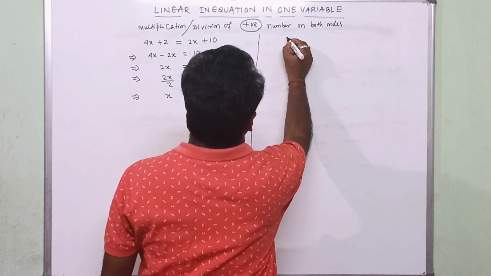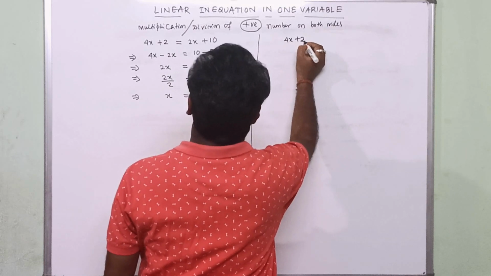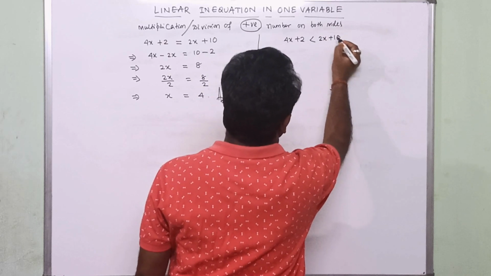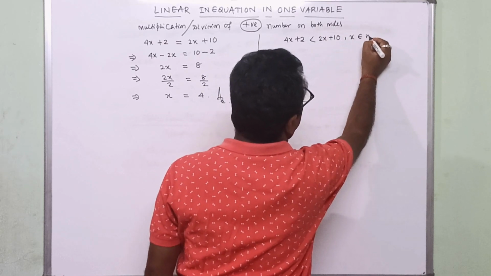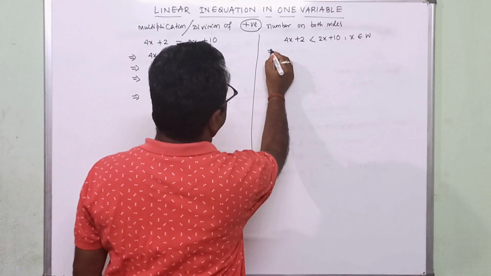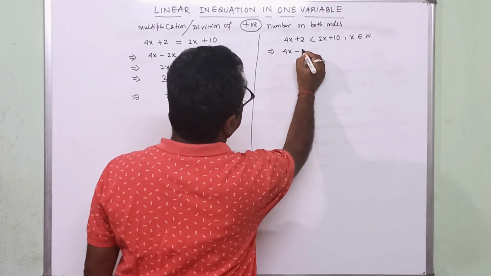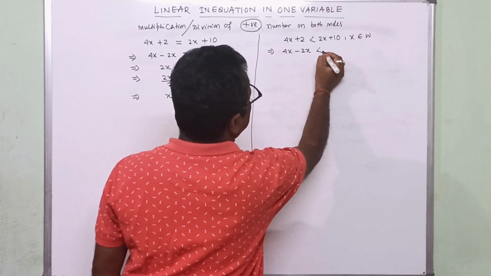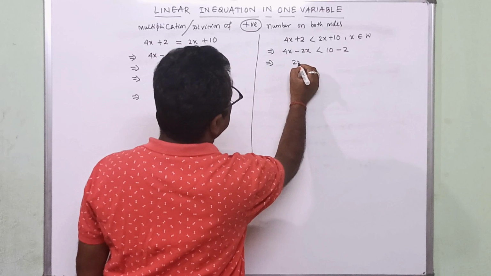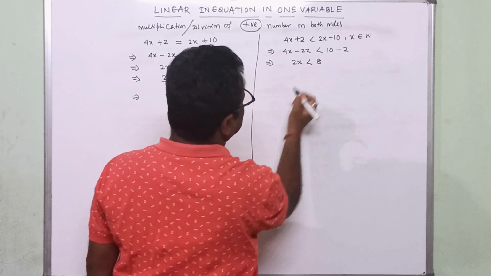Same thing. Suppose given 4x plus 2 less than 2x plus 10, x element of whole number, that's W. That implies 4x minus 2x, sign change rule, less than 10 minus 2. That implies 2x less than 8.